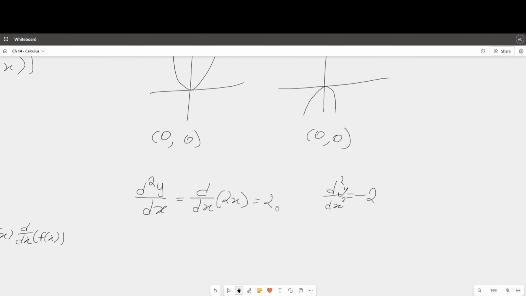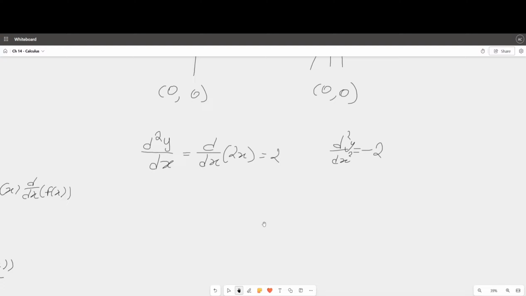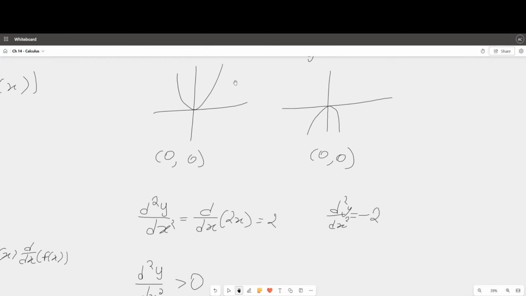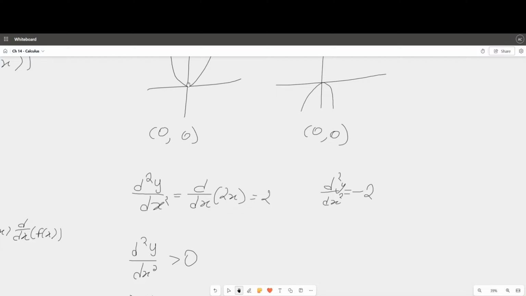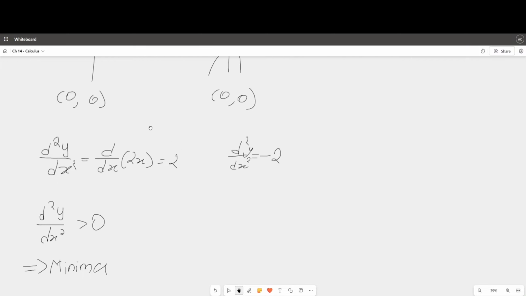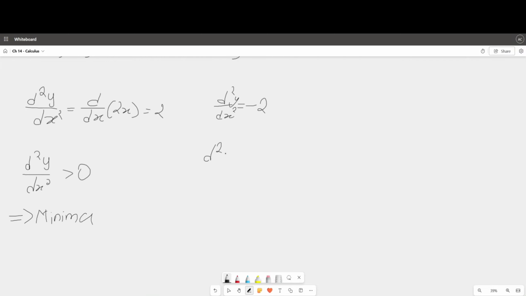Now, as you can see here, 2 means it's like this. So if d squared y by dx squared is greater than 0, our curve looks like this. What does that mean? Well, it has a minimum point. You can see here, this has a minima because there's no point lower than this. This is the lowest point. Similarly here, this is the opposite. If it is less than 0, well, that is a maxima.